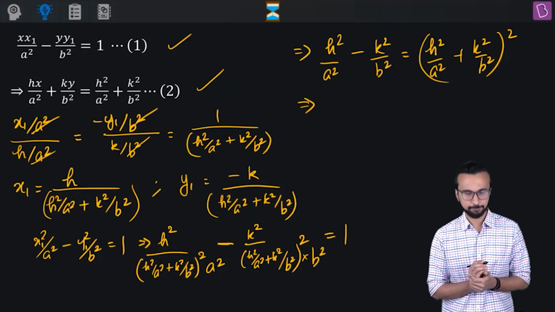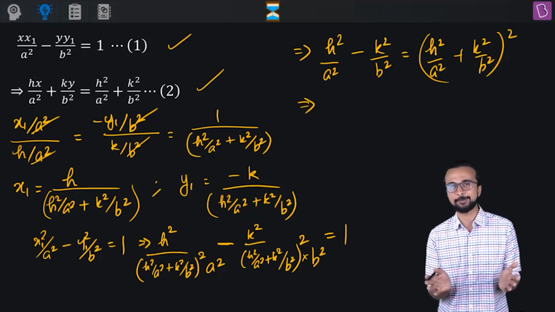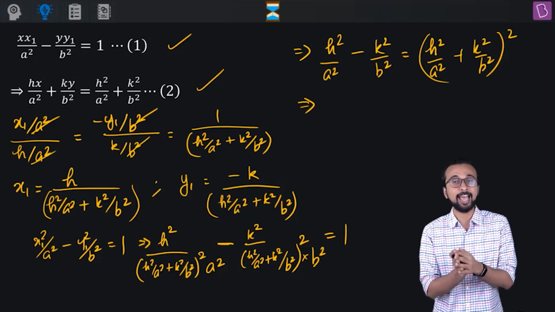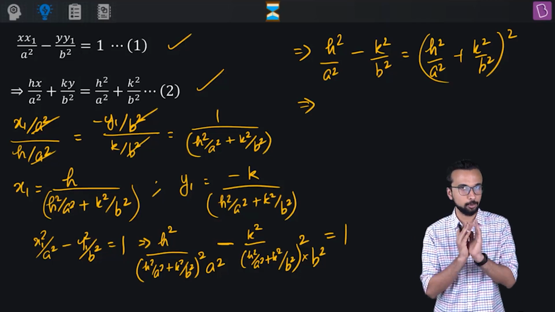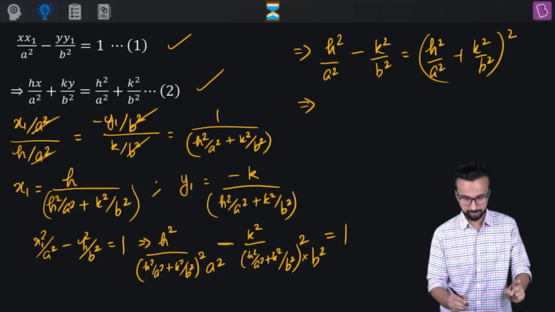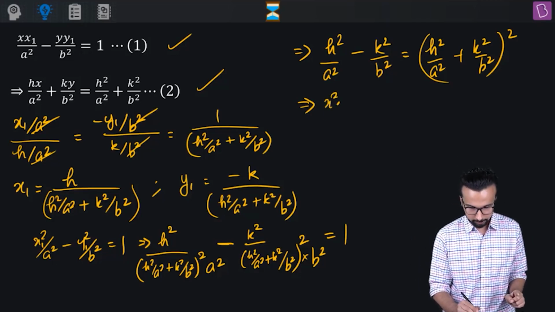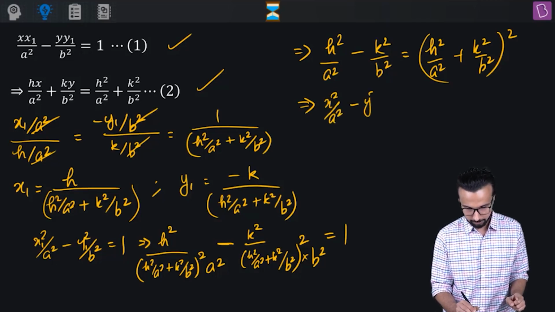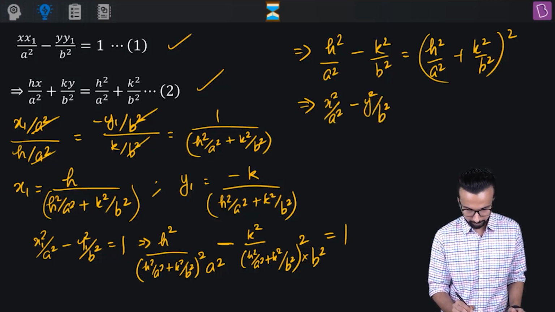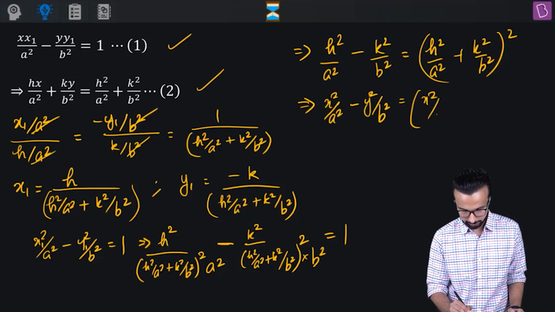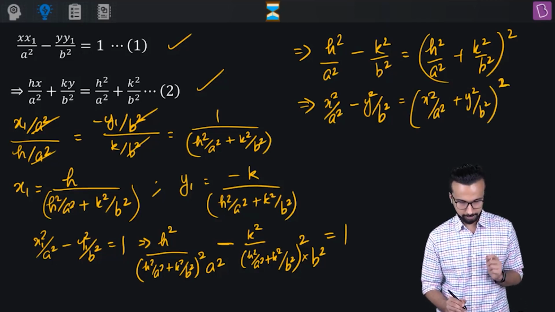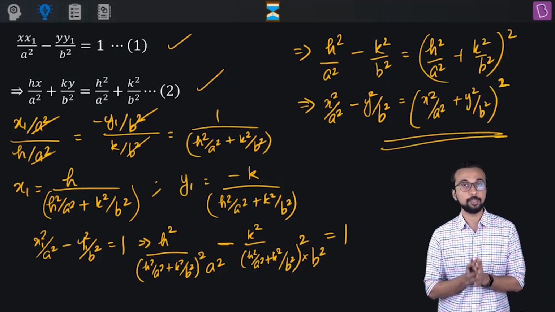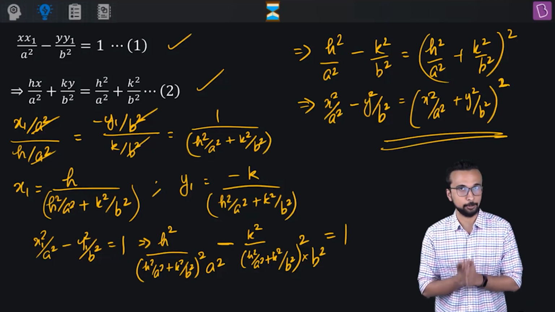Now I'll simply replace h with x and k with y to find the locus of (h, k). That's the final target. So this becomes x square by a square minus y square by b square equal to x square by a square plus y square by b square, the whole square. This becomes the locus of the midpoint of P and Q.